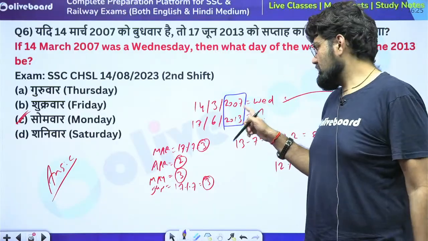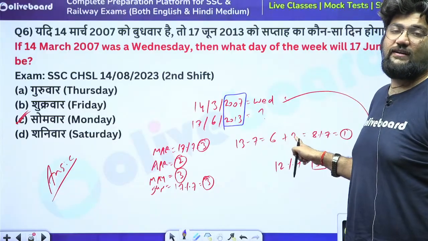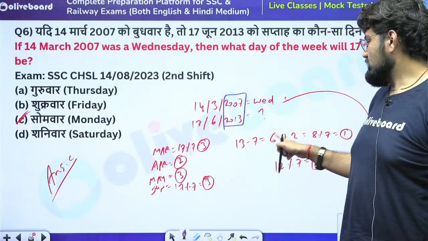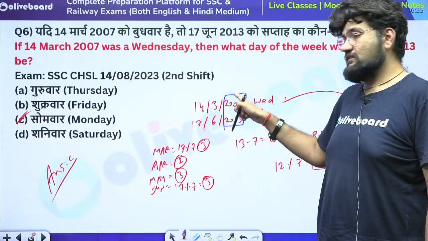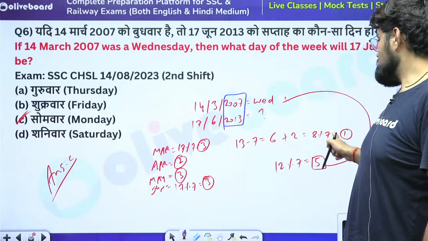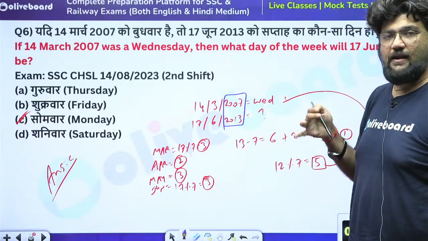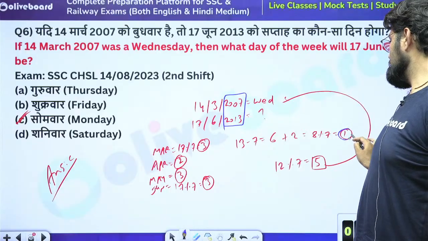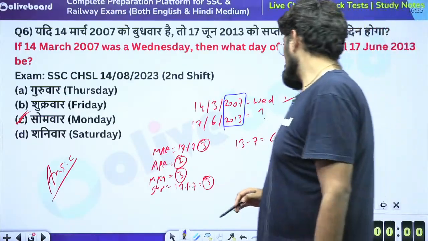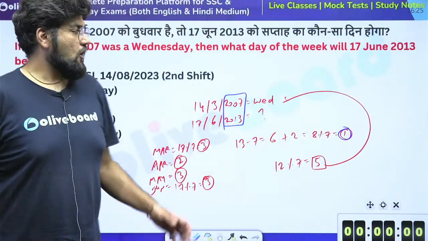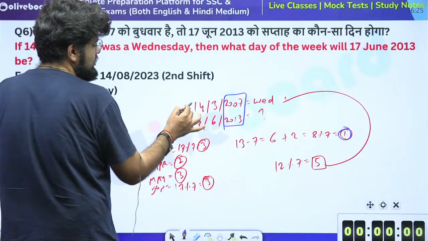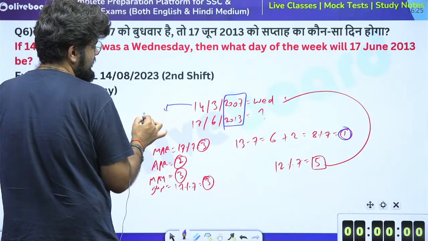So 2 leap years are there. So they will have an extra odd day each. So 6 plus 2, total 8 odd days in these years. So we have just taken the remainder with 7. So 8 divided by 7, remainder is 1. 7 1s are 7, we subtract, we get 1 here. This is 1.